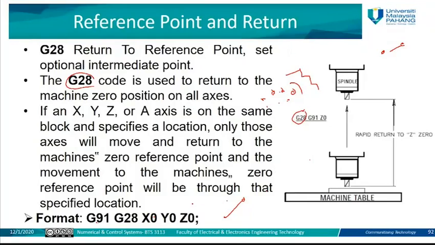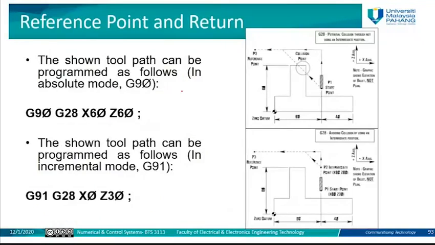But in case the object has some part or some borders which may touch the spindle during the movement to the reference point, maybe you need to define some intermediate nodes between the current point and the reference point. As we can see here, we have two types of movement.